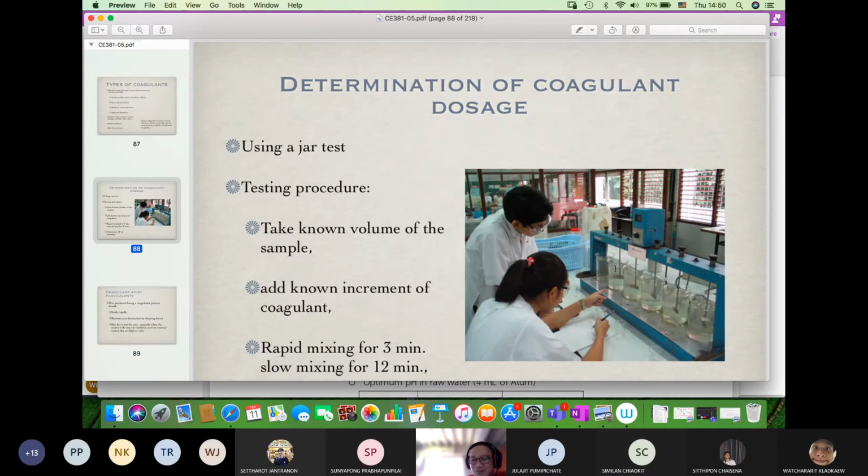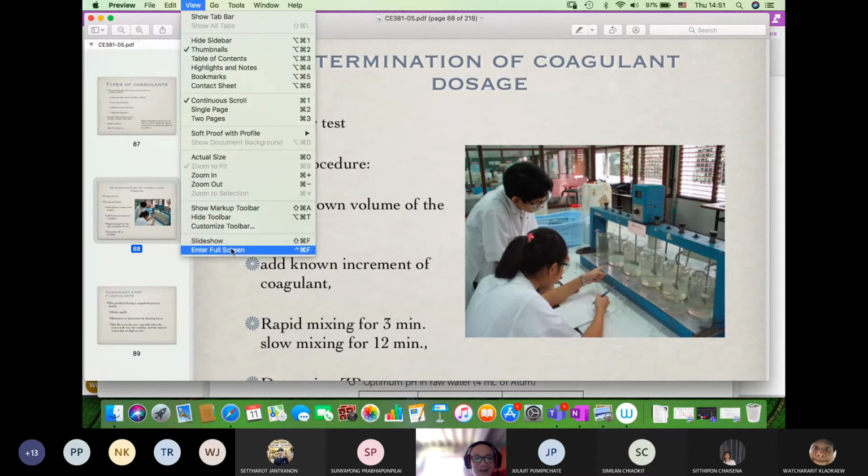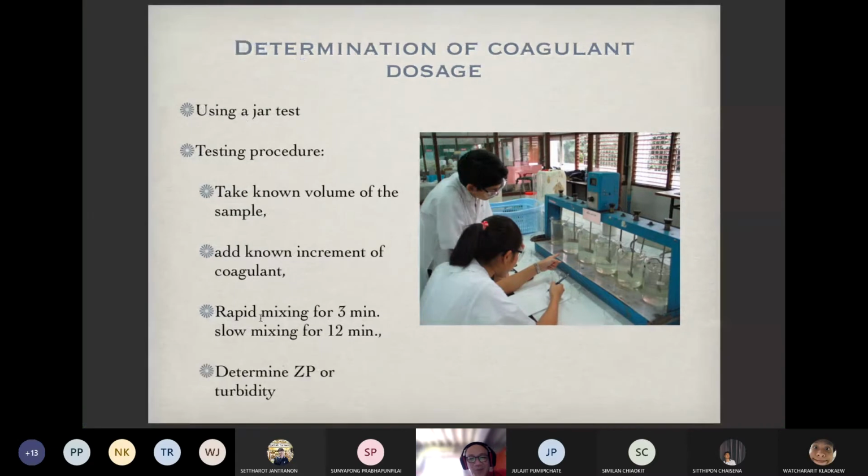After putting in the alum at the same time, we start the mixer. We adjust the mixing speed to 100 RPM and let it go for 3 minutes.